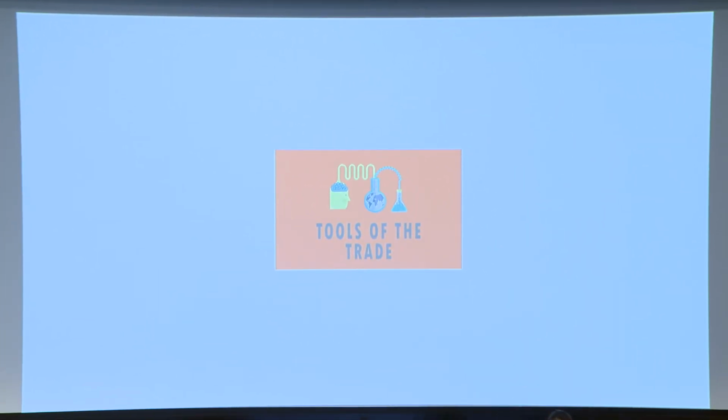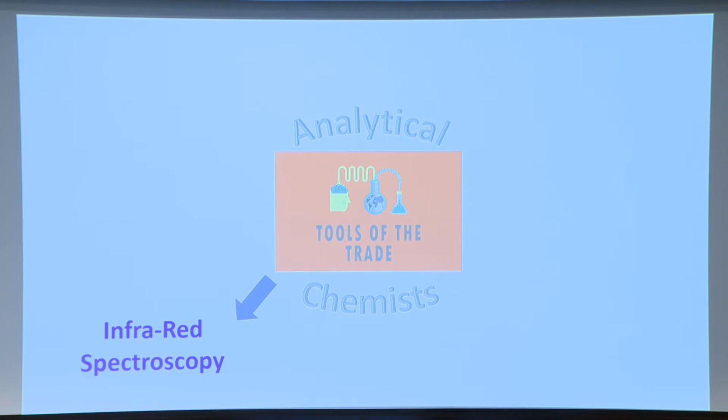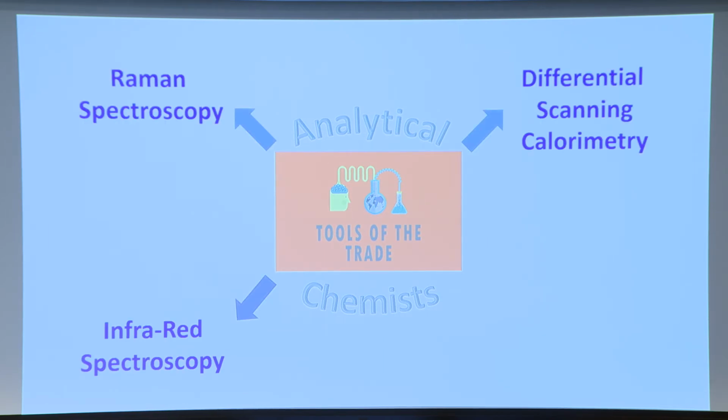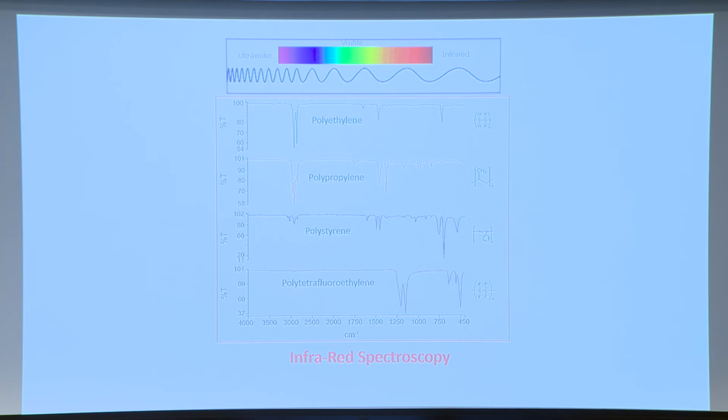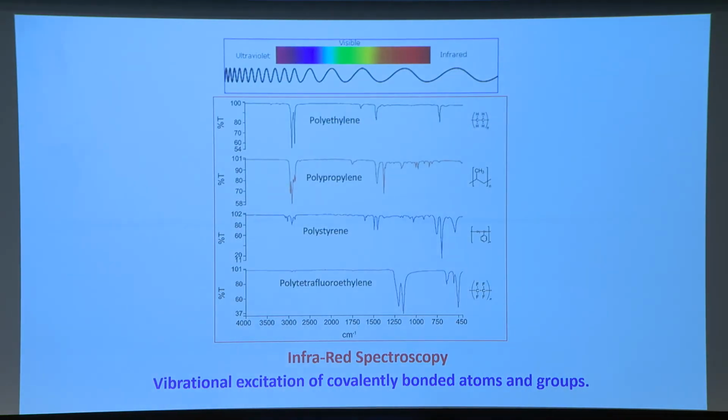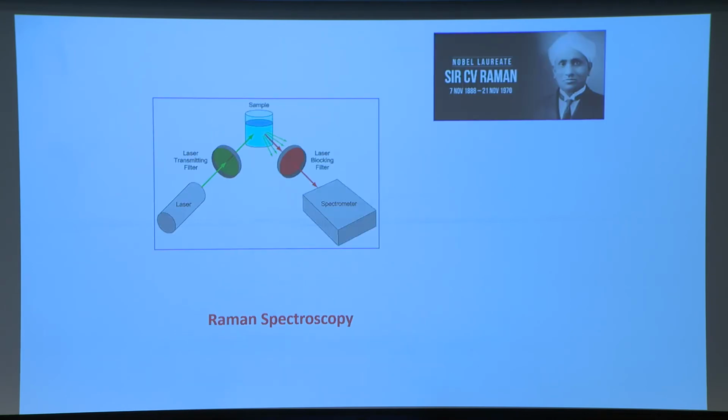So the tools of the trade available for microplastics analysis for an analytical chemist are infrared spectroscopy, Raman spectroscopy, differential scanning calorimetry, and mass spectrometry. Infrared spectroscopy is based on the vibrational excitation of covalently bonded atoms and groups. Raman spectroscopy is a little interesting.